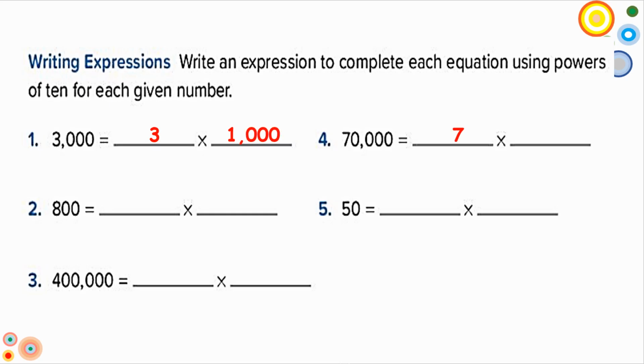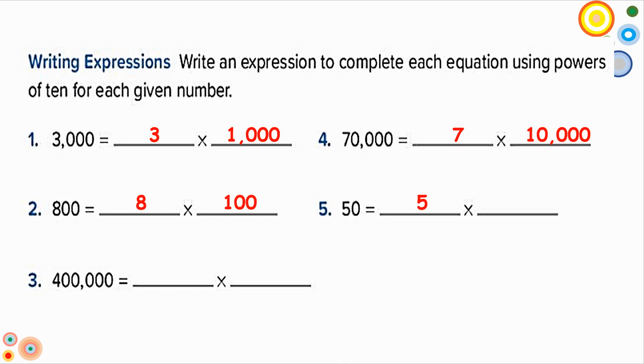So 8 times what? Excuse me, question number 4. 70,000. 7 times 10,000. In question number 2, as we said before, 8 times, I have 2 zeros. Which number has 2 zeros? Excellent, 100.